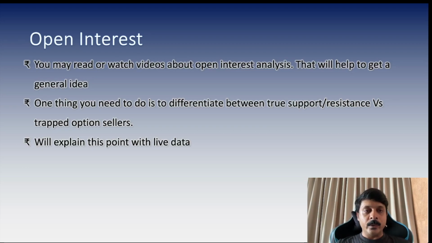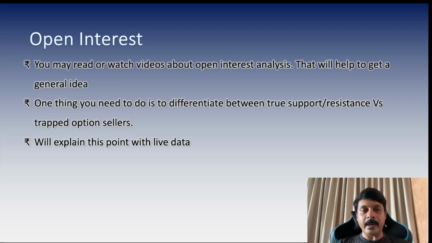Most tenured or experienced option players know this, and they play accordingly. But the novice players, the people who are not that experienced in the market, see that, and even when the level is broken, they keep holding on to the options, written options or whatever positions they have, saying that 19,500 has extremely high open interest and that will be retested, or the market will come back to that.